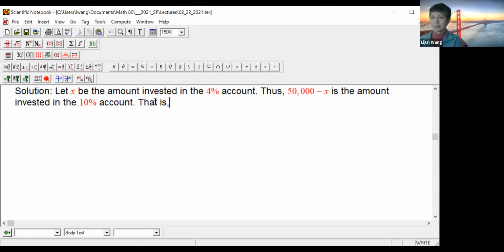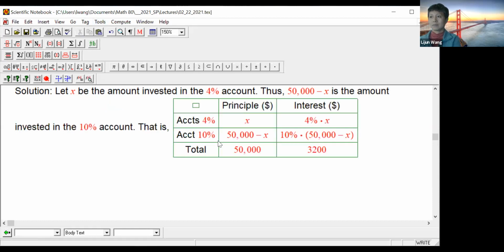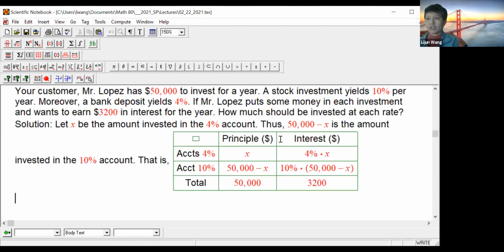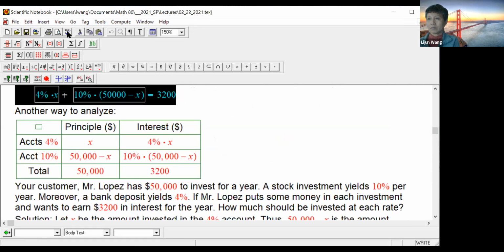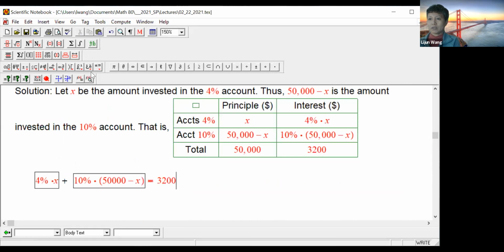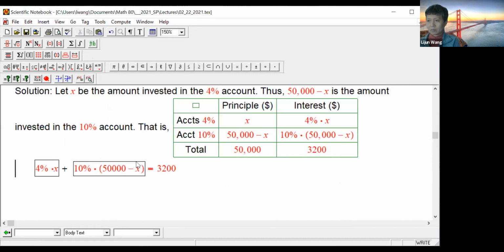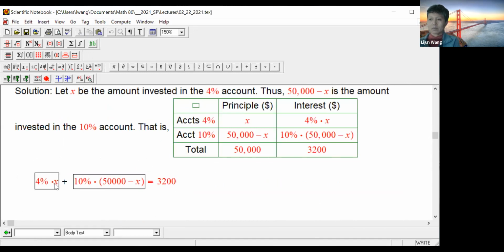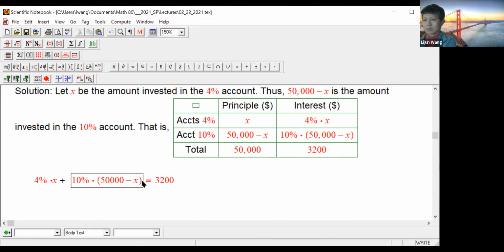That is the equation, and then you give the equation. You don't need the boxes. You give the equation.